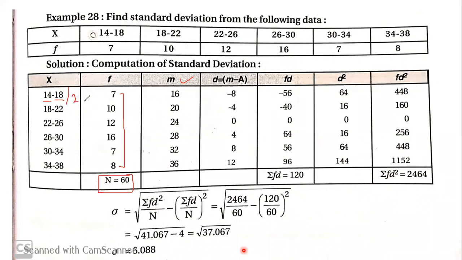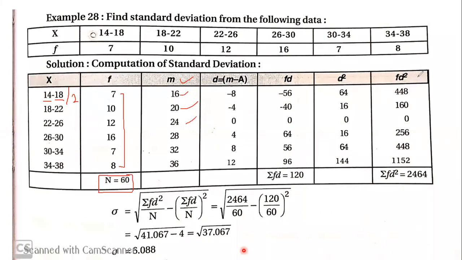Which is nothing but 14 plus 18 by 2, which will give you 16. 18 plus 22 by 2, which will give you 20. Next, 22 plus 26 by 2, 24. Likewise, you add both of them and divide, so you will get the complete midpoints.